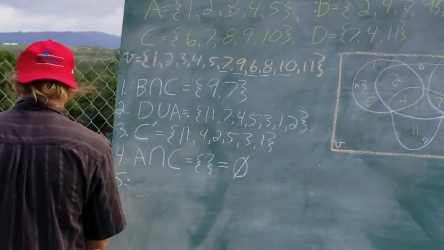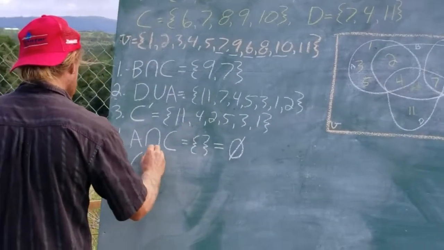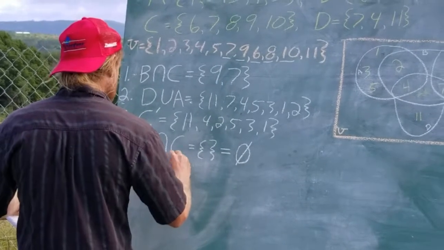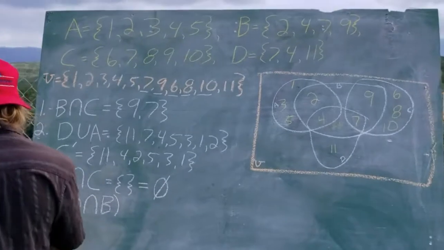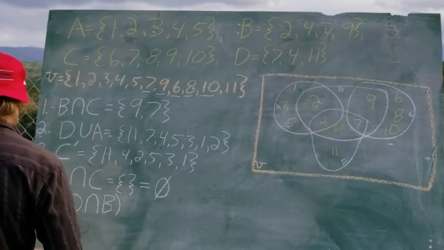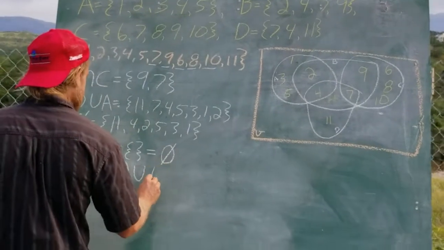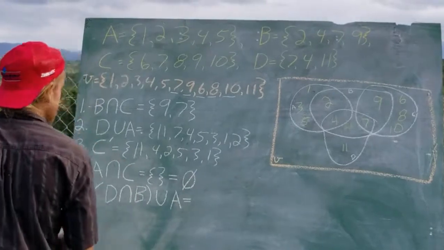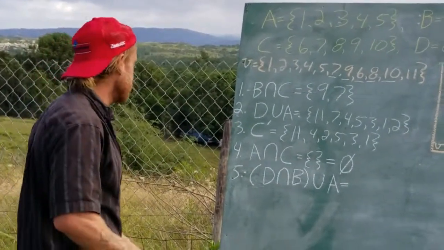All right, we're getting a little bit more involved here. I'm going to first look at the intersection of D and B. And whatever that turns out to be, we want to find the union of that with set A. Okay, so remember a brief discussion or a review on a few aspects of order of operations.